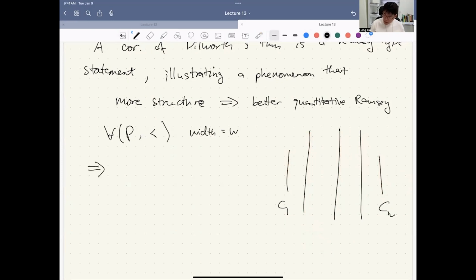So this implies what we have is n, the size of P, equals the sum of |Ci|, i goes from 1 to W, which is at most the height of the poset times the width of the poset.